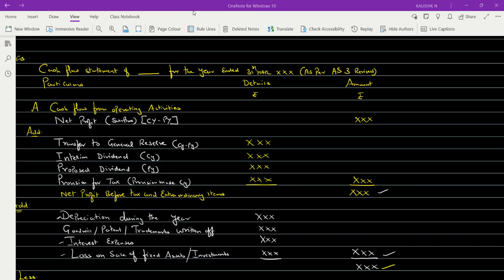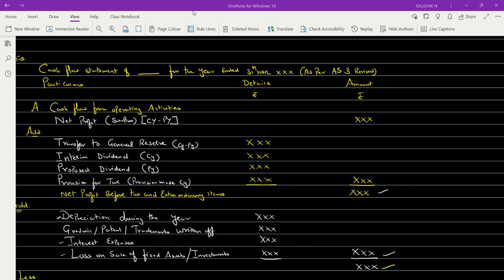Repayment of loan taken. Then interest paid. And the next one will be dividend paid.